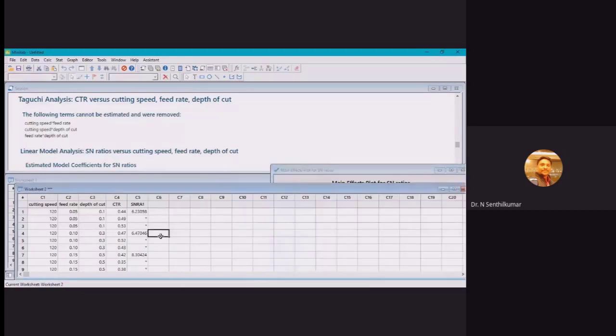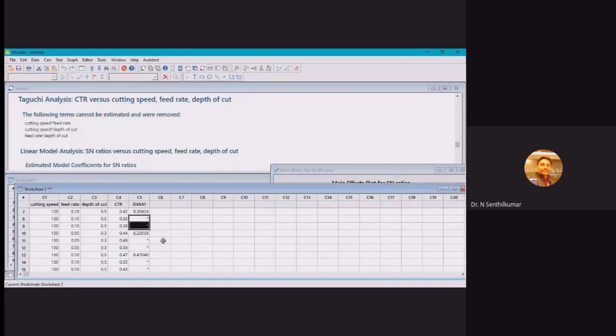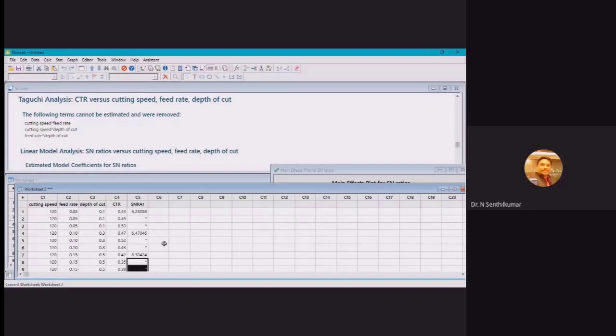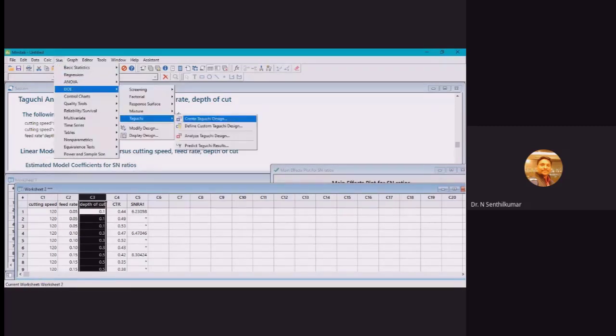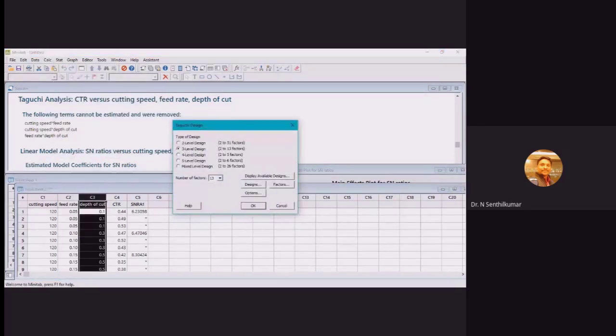You can see here there are some stars. So you cannot use this. Why? Because you cannot use this 3rd column. You have to use the 5th column, because the 3rd column is an interaction column. So for this, what I have to do is DOE, Taguchi, create the 3 level 13 designs.